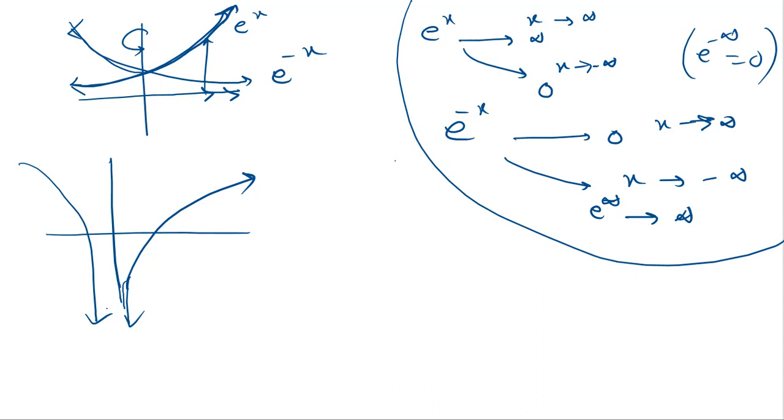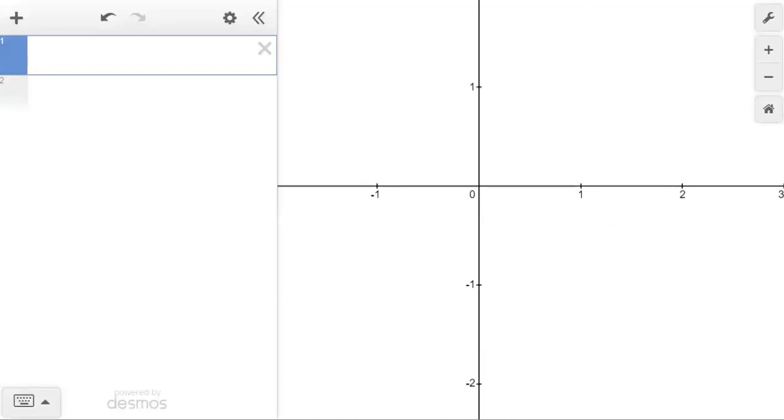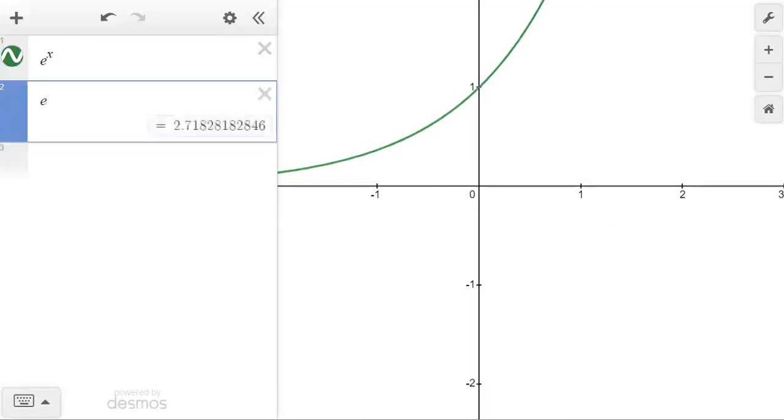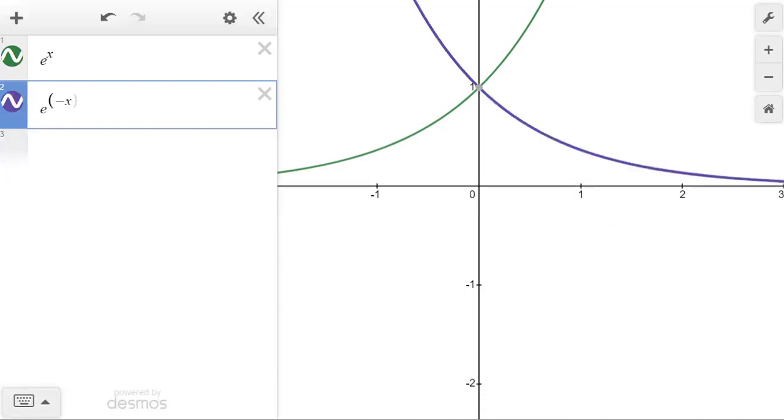Now let me show you in Desmos whether we have drawn it right or wrong. Let me take e to the power x. See, this is the graph that I have drawn, e to the power x. Now if you change this to e to the power minus x, how does it look?